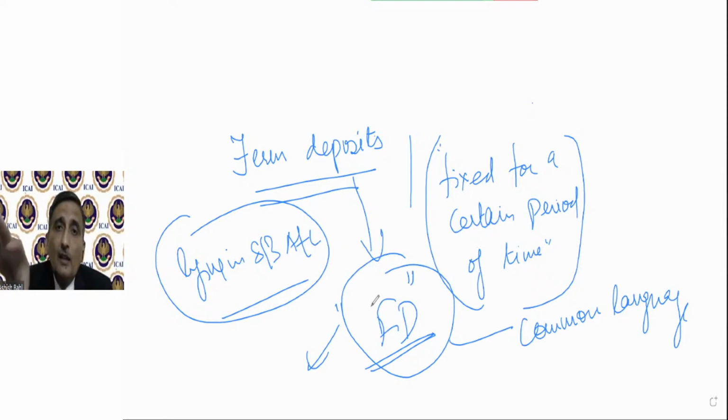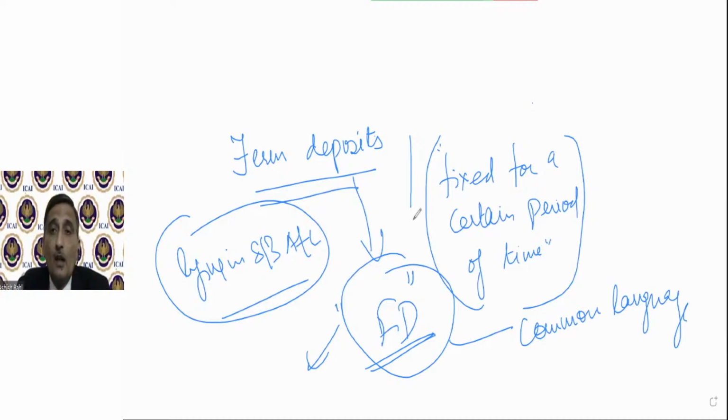So these form part of interest cost. This is one of the major expenditures in a bank, interest on deposits. One of the main items of the profit and loss account in a bank is interest on deposits. That is a major cost.